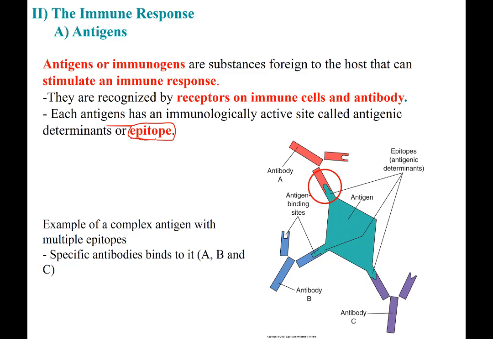So epitopes are what you see here on this graph. In green, this is an antigen, this is a bacteria, and on every one of those, let me erase that so you can see better, on every one of the spiky parts of the antigen, you see there is a different type of shape.